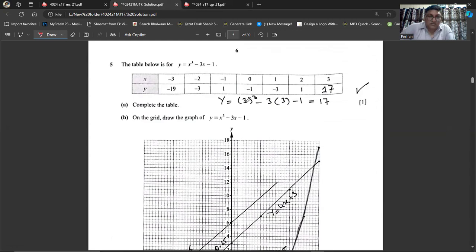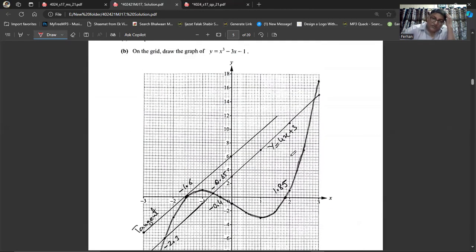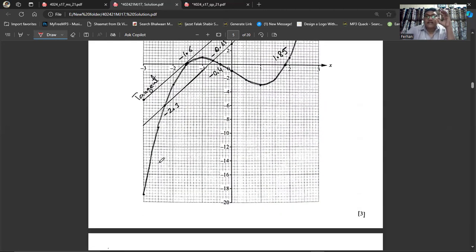So you plotted them. You see, because there was a lot of gap between these points, to draw a smooth curve, what I did, I took extra points. I took the point when x is minus 2.5. I checked what the y value is. I also took when x is minus 1.5, and when x is minus 0.5, when x is 0.5, when x is 1.5, when x is 2.5.